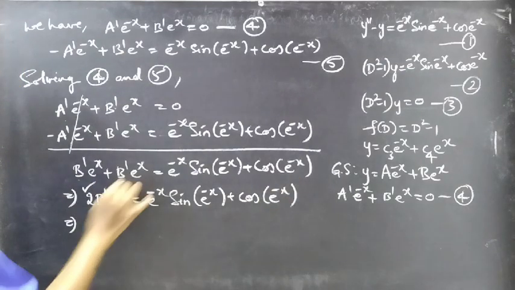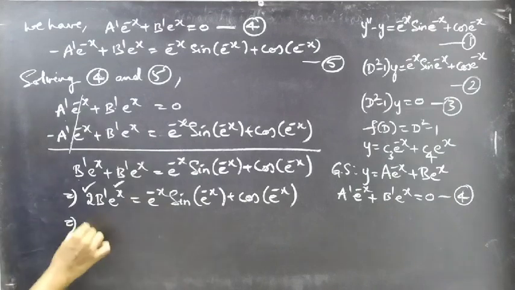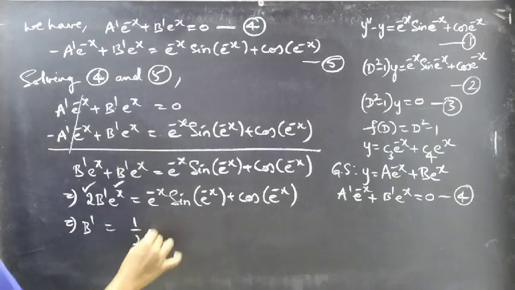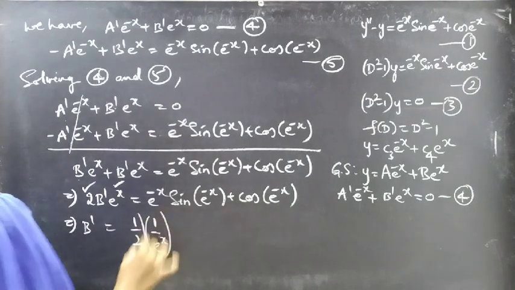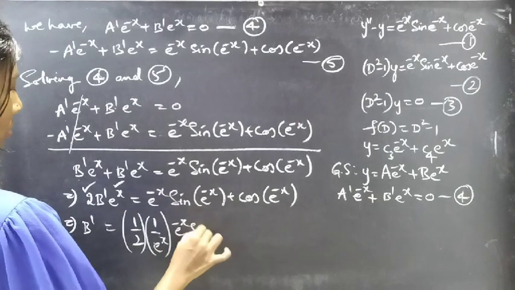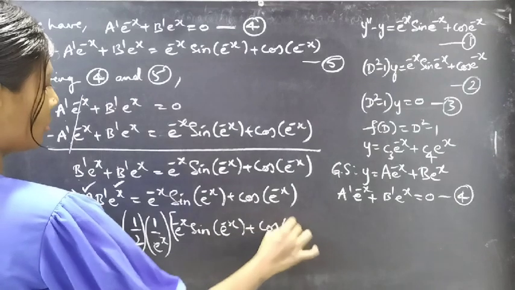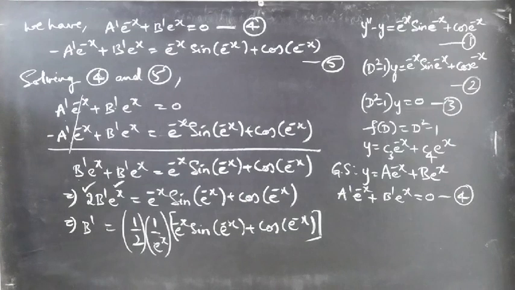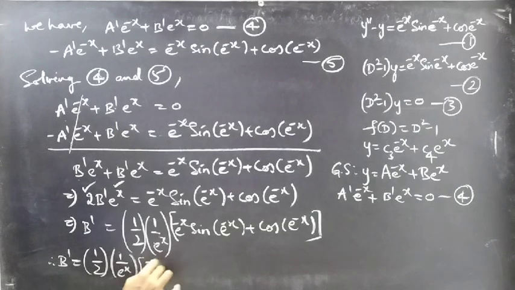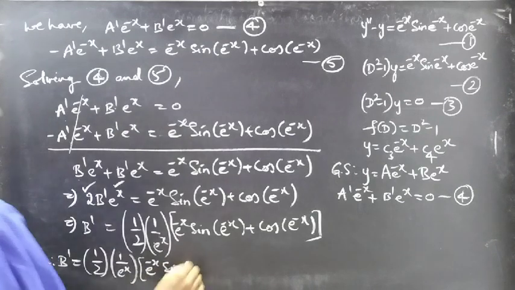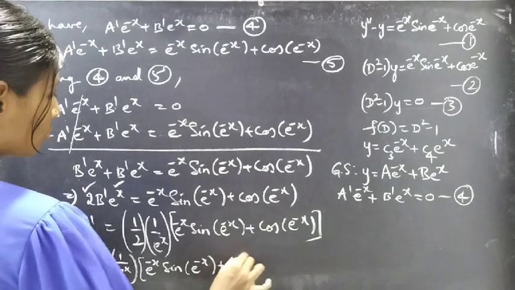Now take this 2 e power x to RHS, then we'll get b dash equal to 1 by 2 into 1 by e power x into e power minus x sine of e power minus x plus cos of e power minus x. Therefore b dash equal to 1 by 2 into 1 by e power x into e power minus x sine of e power minus x plus cos of e power minus x.